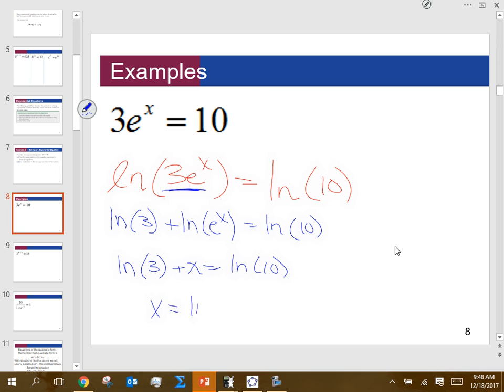So if you are a person that wrote that answer, that does not look like ln of 10 over 3, right? As what maybe your neighbor got. If you type that in your calculator, you get the same exact decimal. But why? When I have the subtraction of two logarithms that have the same base, it turns into division of their arguments, right?